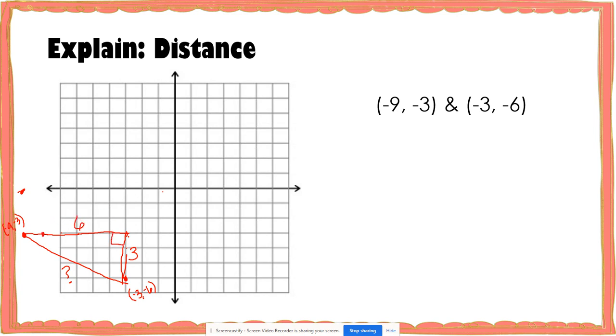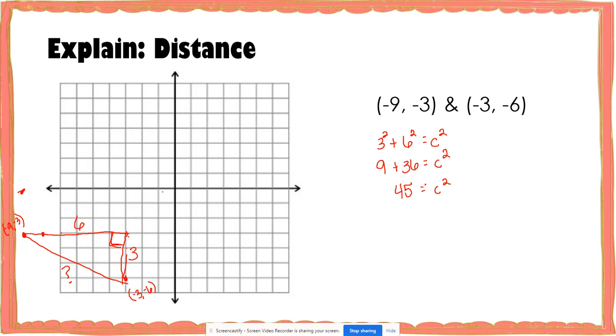Well, we know that these 2 connect at a right angle, and we're missing our hypotenuse. So we're going to plug in 3 to the second power and 6 to the second power for our legs. 3 to the second power is 9, and 6 to the second power is 36. When we add 9 plus 36, we get 45, and so we have 45 equals c to the second power.